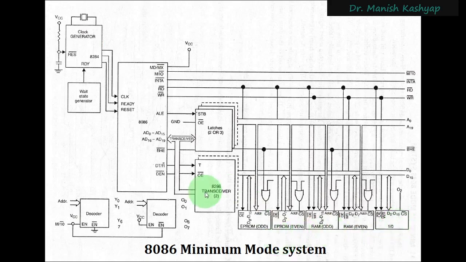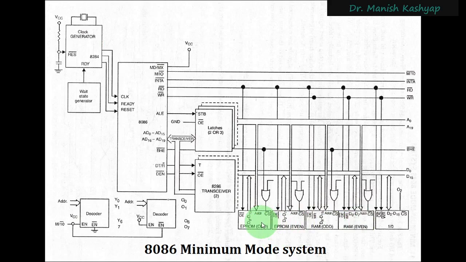If you see here, from this particular IC set, that is these three IC sets, you get the address lines. A0 to A19, the complete 20 bits of address, have been connected to these four ICs, right? They seem to be connected to all of these four ICs, but not all of them will be used for all four, because when we want to access the odd memory bank or the even memory bank, we have to generate certain chip select signals.